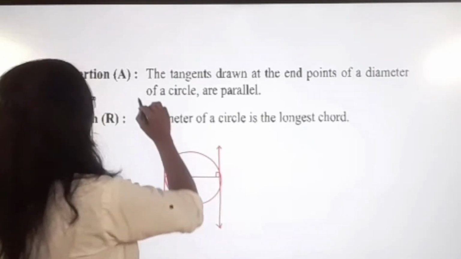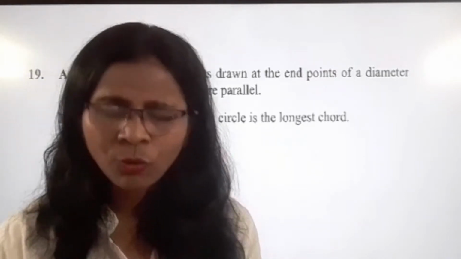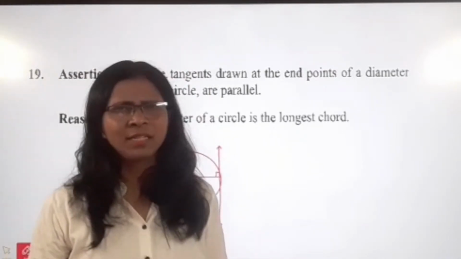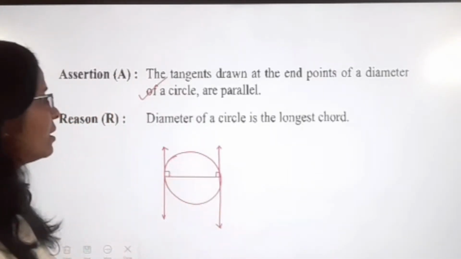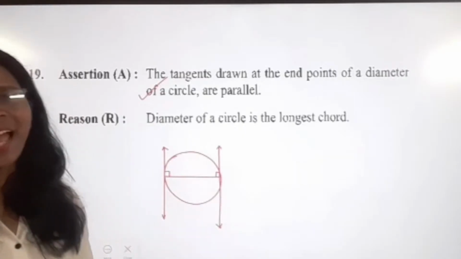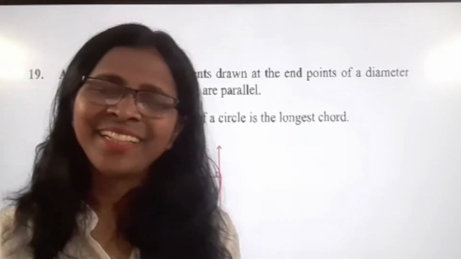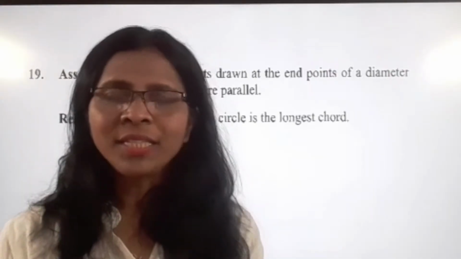Yes. So here we can say that assertion A is right. But now what about the reason? Diameter of a circle is the longest chord. Yes. Okay, students. The diameter will be the length which is the longest chord.